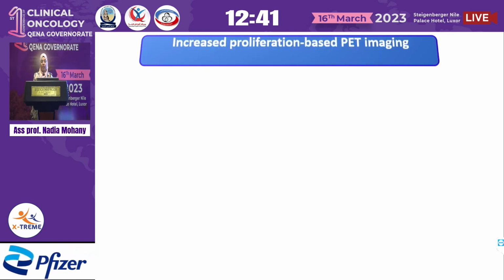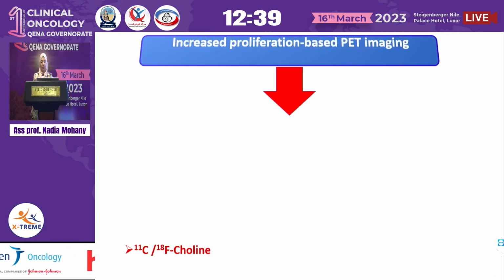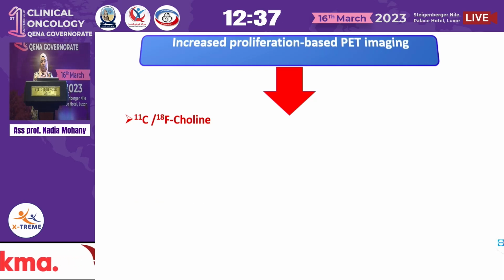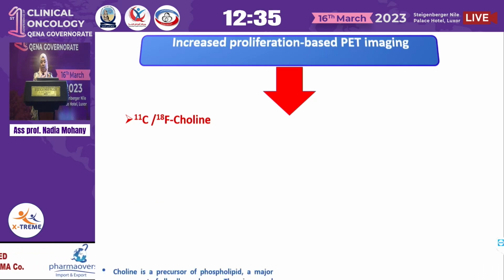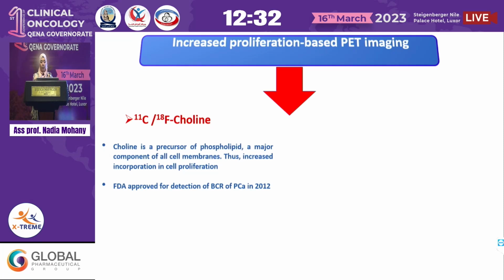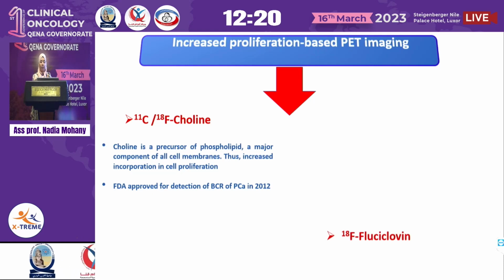The first is increased proliferation-based PET imaging. C11 and F18 choline is a precursor of phospholipid, a major component of the cell membrane, so there is increased incorporation in cell proliferation, which is increased in prostate cancer. FDA approved for detection of biochemical recurrence of prostate cancer in 2012.